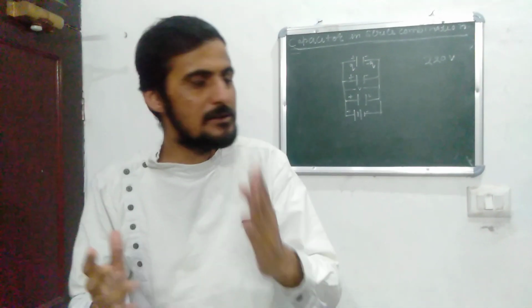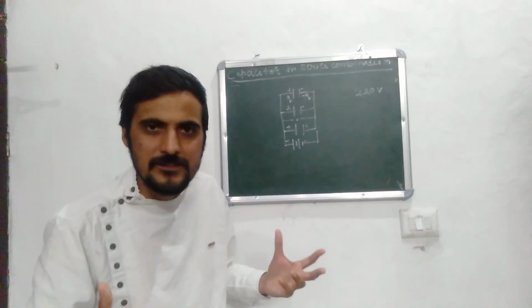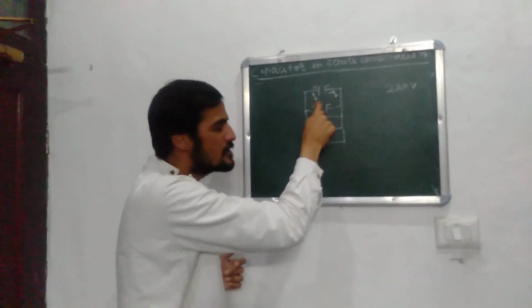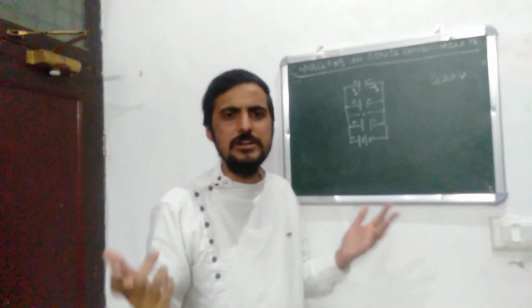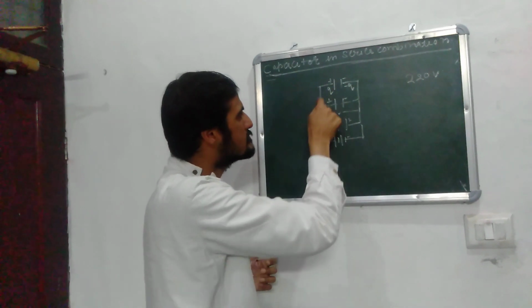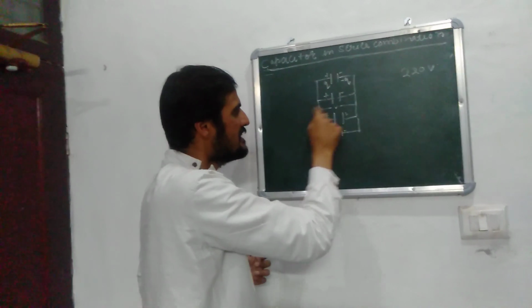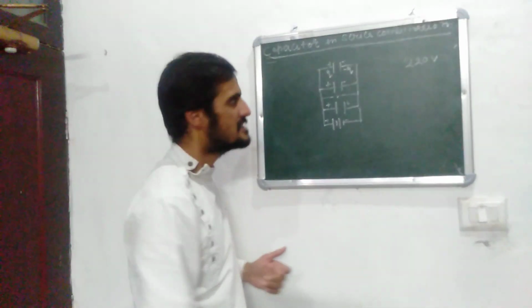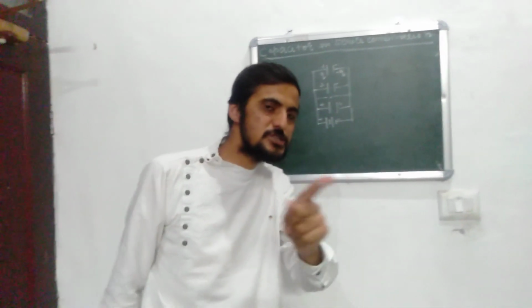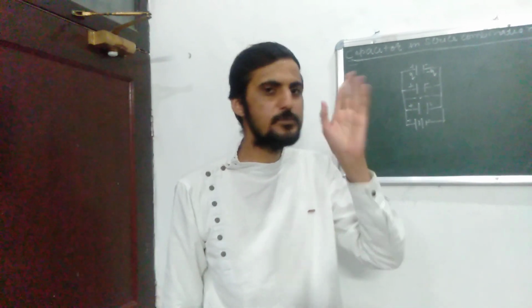If we break one circuit from here, what will happen? There are various ways of entering the charge. From this way it is possible, and from this way it is possible. But when the capacitors are connected in series, it is not possible.